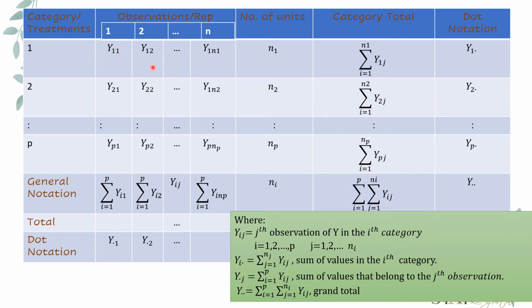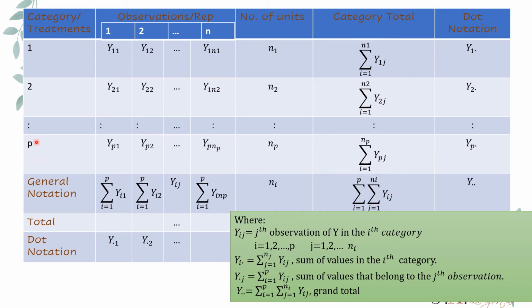And also here, from category or treatment 1, observation 2. So from category 1, observations continue until n1, because this is the number of observations in category 1.